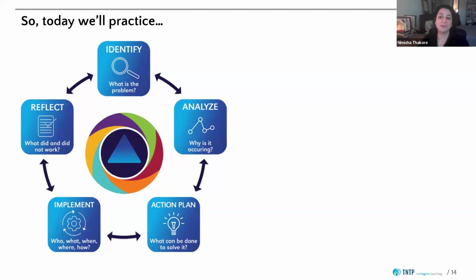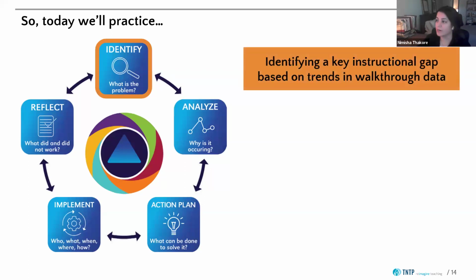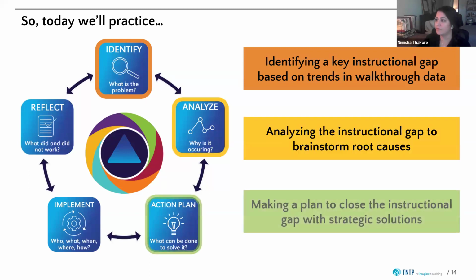But we also want to approach data in this way at the school-wide level as well to drive decisions about teacher development, resources, other infrastructure. So today we're going to practice just that. We're going to focus on the first 3 steps of this process. Identifying a key instructional gap based on trends in walkthrough data. Analyzing that instructional gap to figure out the root causes.